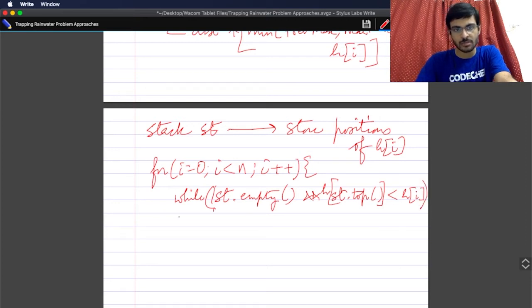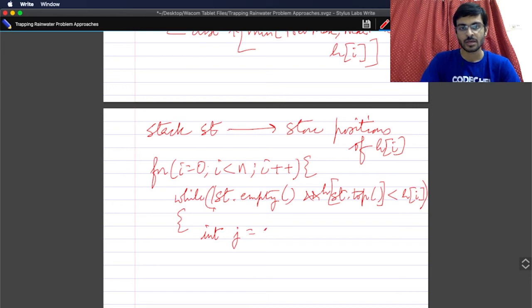Okay, then basically we'll be removing that element. We will pop it first of all. So int j is equal to st.pop, or you can see what your language supports.